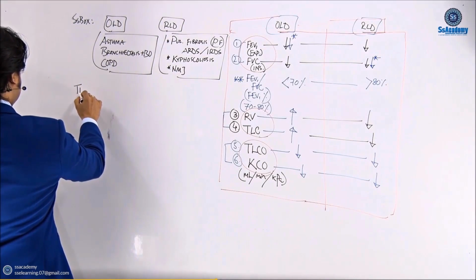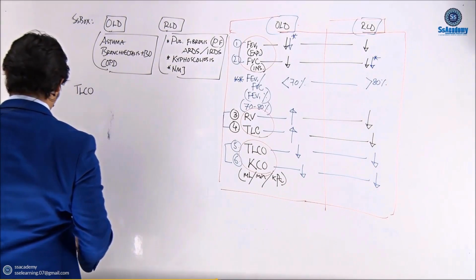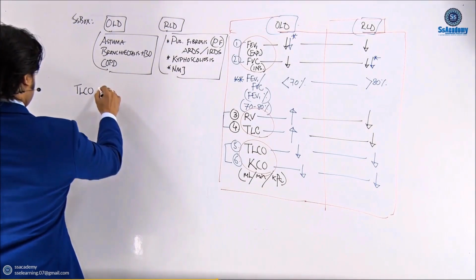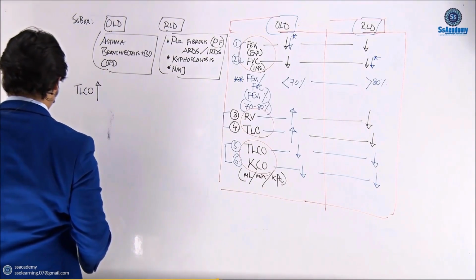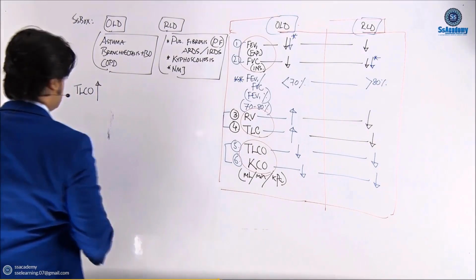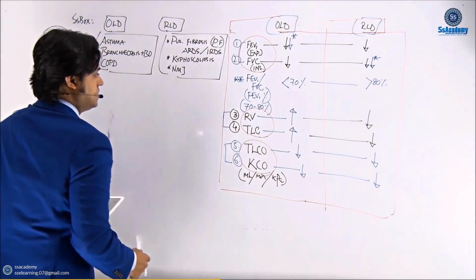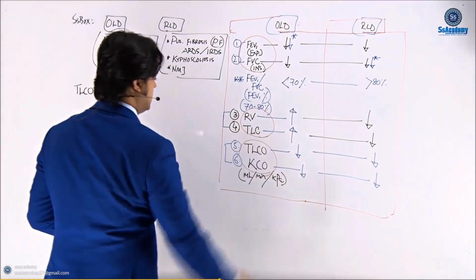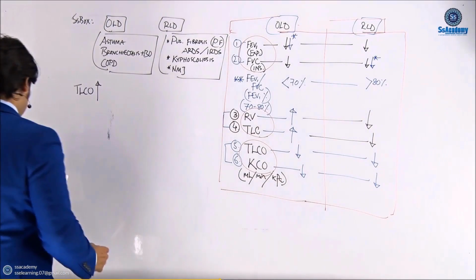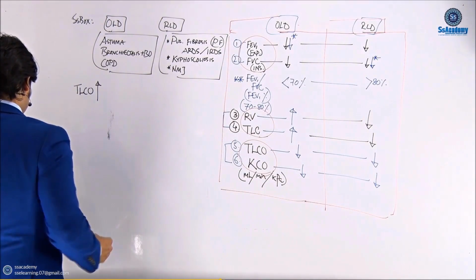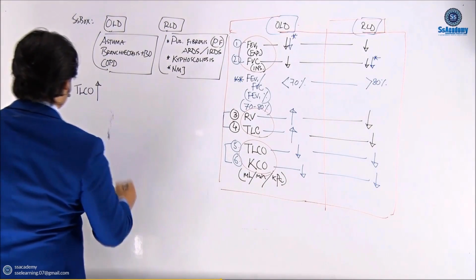That is TLCO, total lung gaseous exchange, will be increased. So what are the causes of TLCO increased? Usually TLC is not reduced in both cases. So just write it down.